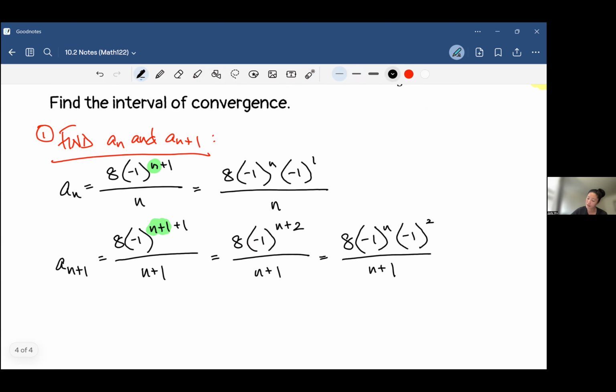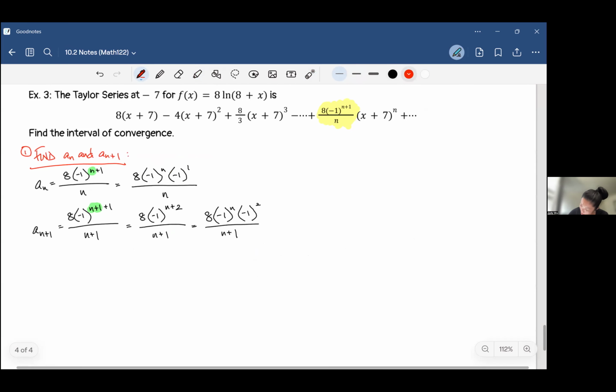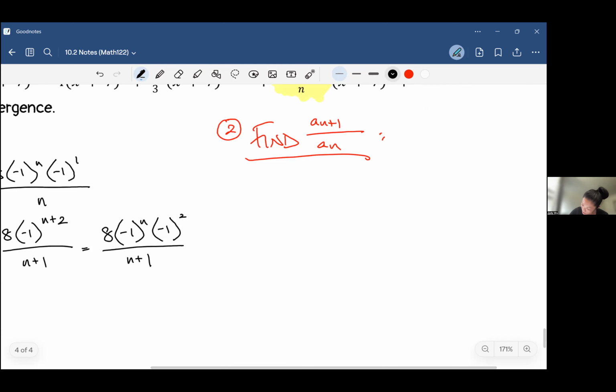Okay. All right, let's go ahead and find our ratio. So a sub n plus 1 over a sub n. And we're going to divide those. So I've got 8 times -1 to the n times -1 to the 2 over n plus 1.